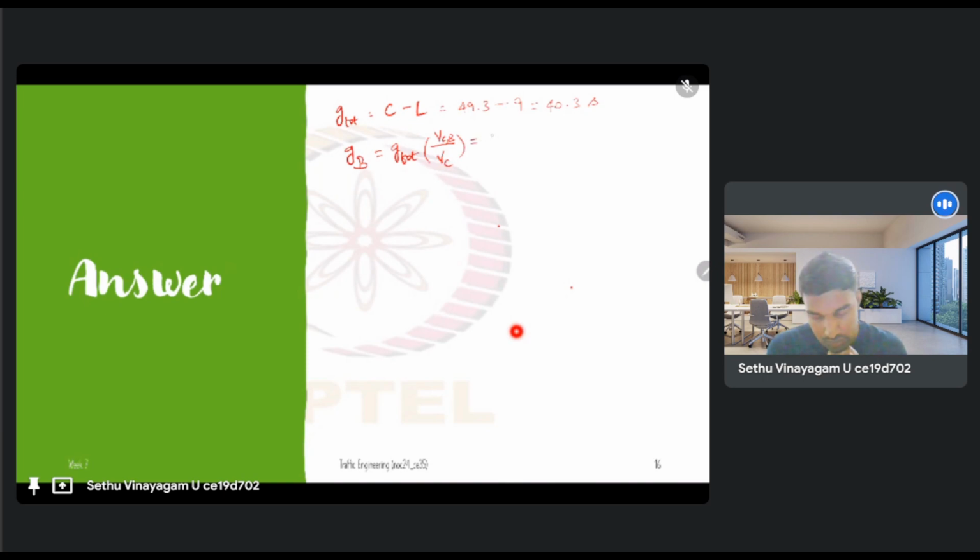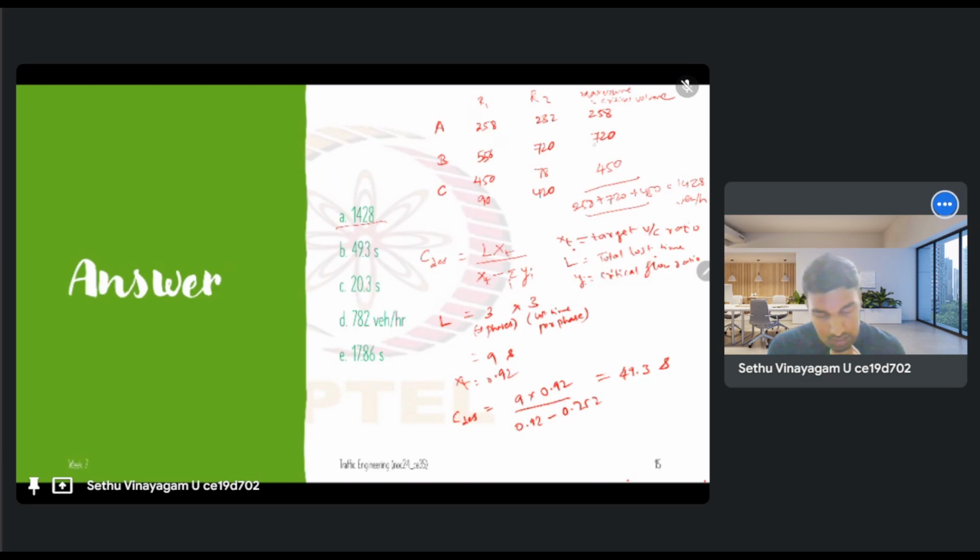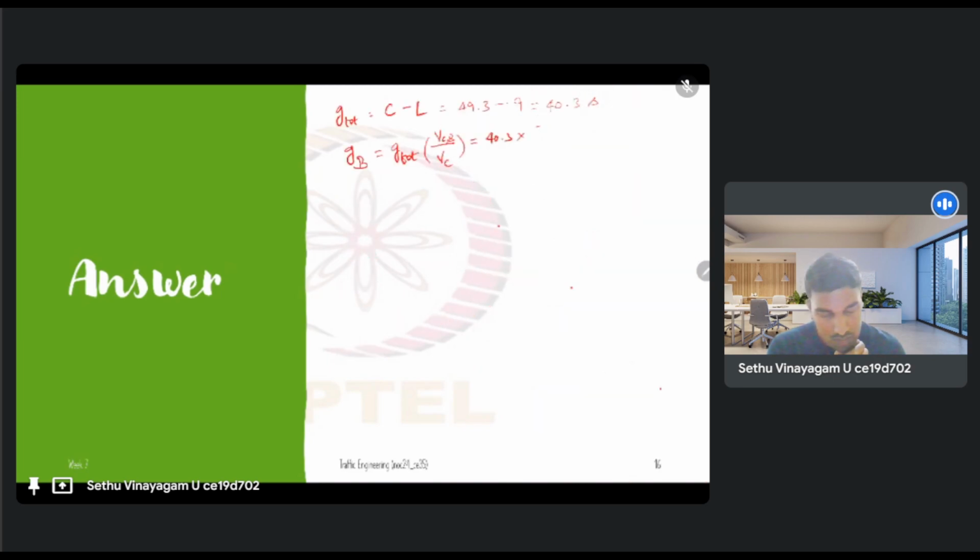So that is 40.3 multiplied by 720, the critical volume going through phase B, over 1428 for the whole cycle. So we allocate the 40.3 seconds in that proportion, which comes out as 20.3 seconds. That is the effective green time for phase B.